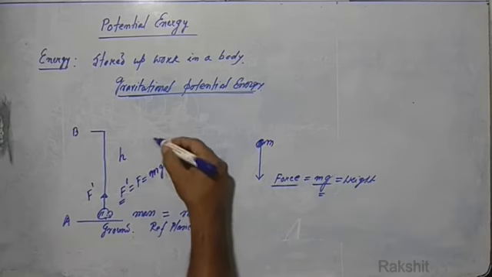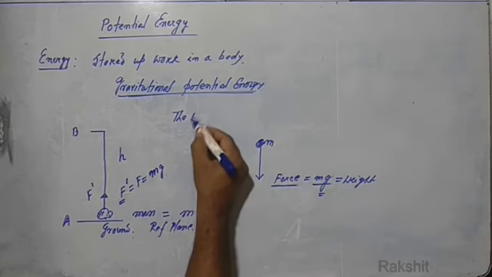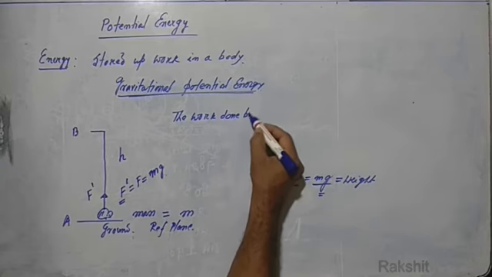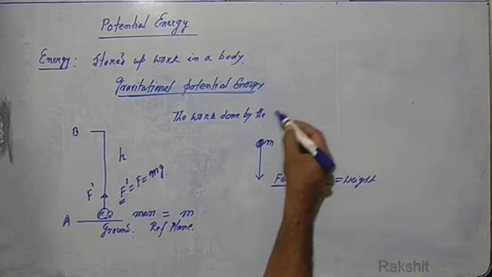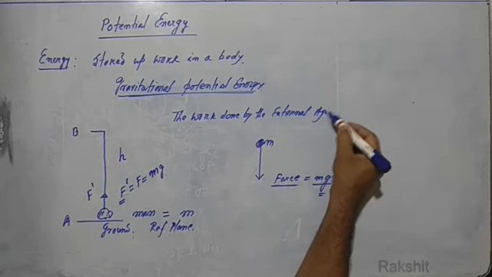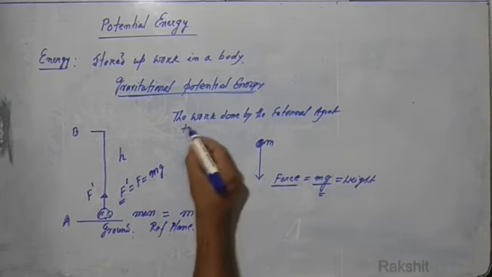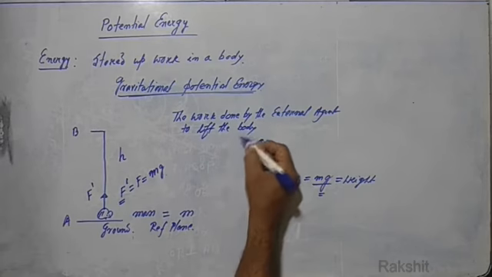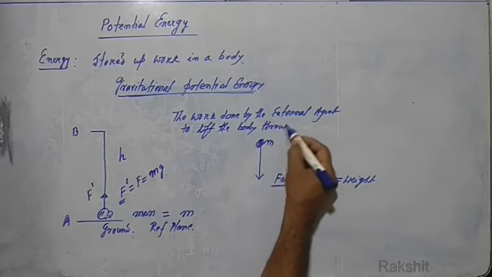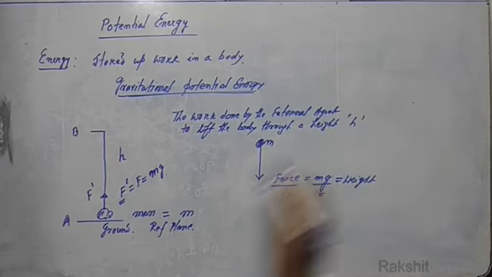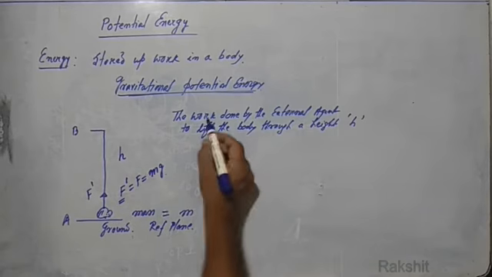So the work done by the external agent to lift the body through a height h would be equal to work done.